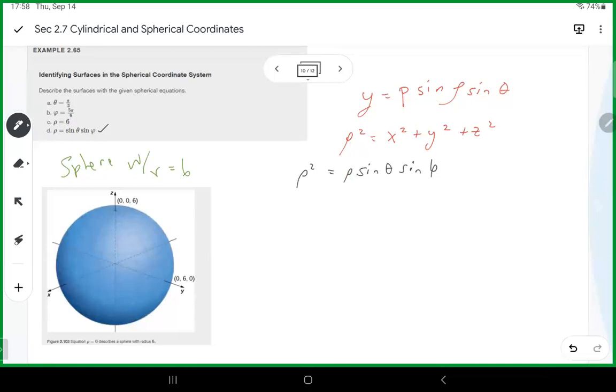So we're gonna then substitute the rectangular variables into the equation. So on the right side, we would have x squared plus y squared plus z squared equals rho sine theta sine phi. Actually, that is y. Apologies. Okay. So then we're gonna subtract y on both sides.